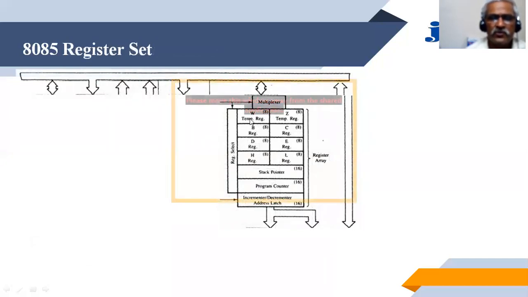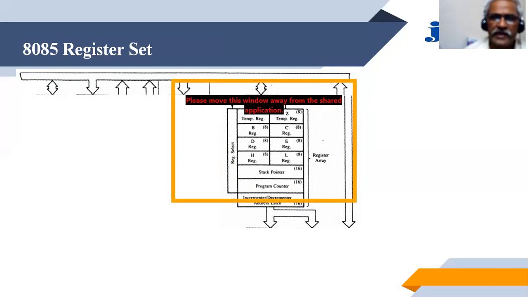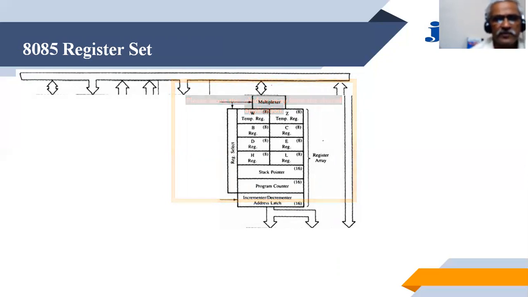You have two temporary registers called the W and the Z registers. These are both 8-bit registers, but they are not visible to the programmer. The programmer can't use them in manipulating data or programming. These are used internally by the 8085 in special circumstances, during certain instructions like exchange and call.